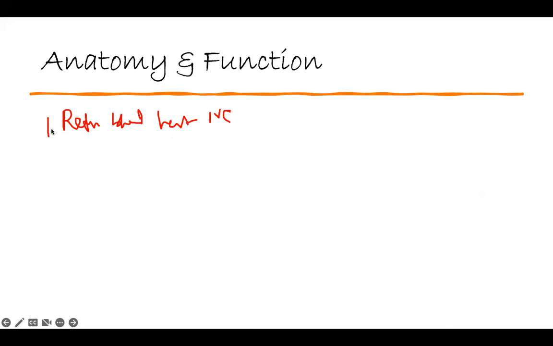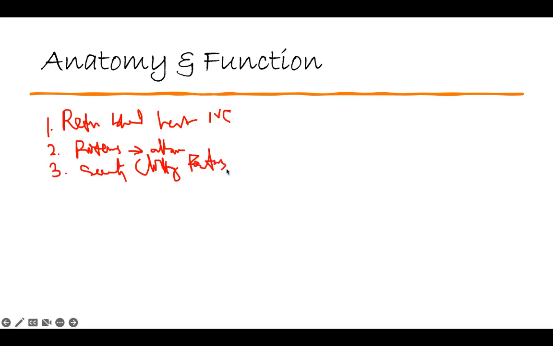So that's one function. The second function is that it's responsible for making proteins. It makes most of the proteins in your body, and one of the biggest proteins is albumin. The third thing it does is make and secrete clotting factors. So when your blood is too thin and it needs to clot, when you cut yourself, the liver makes clotting factors.